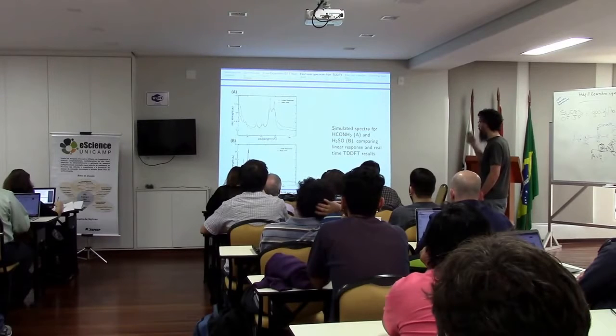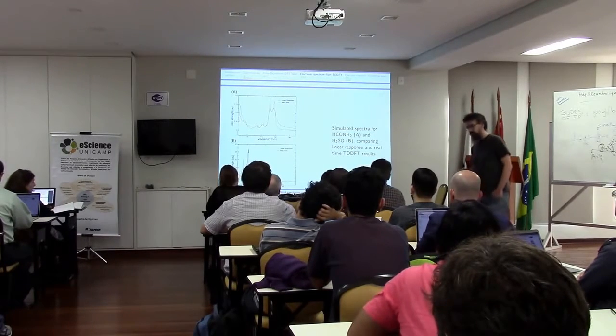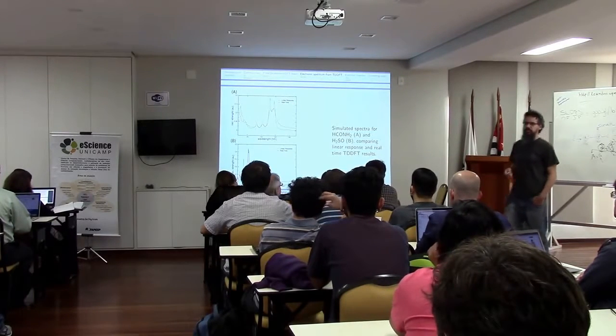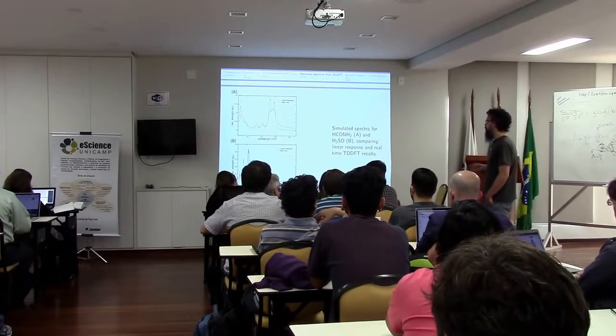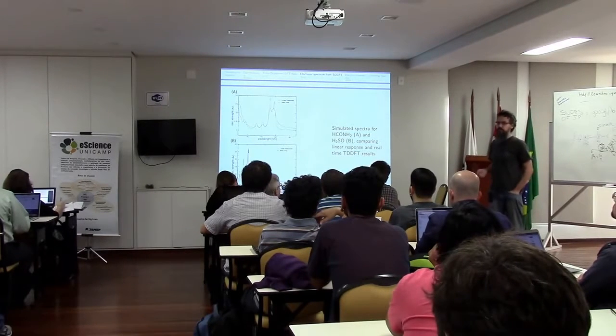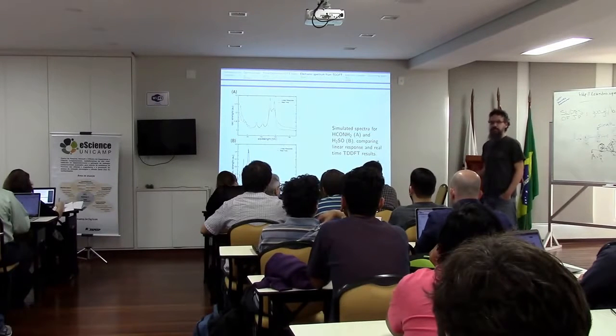So here is the comparison between real-time time-dependent DFT and linear response. Linear response time-dependent DFT, maybe some of you are using in Gaussian or other programs. That is what they call time-dependent DFT, but we call it linear response because it's not really a dynamic of electrons.